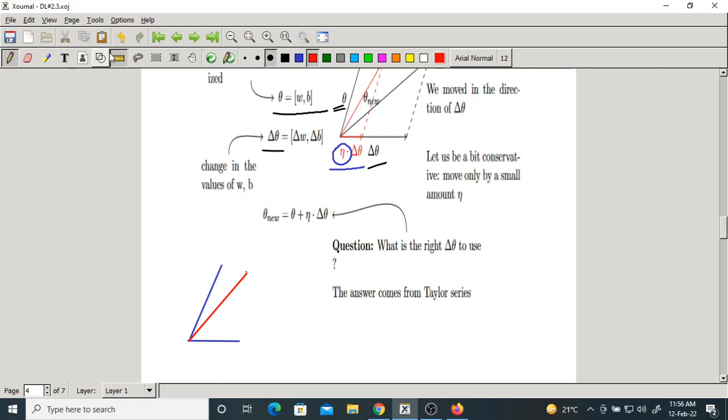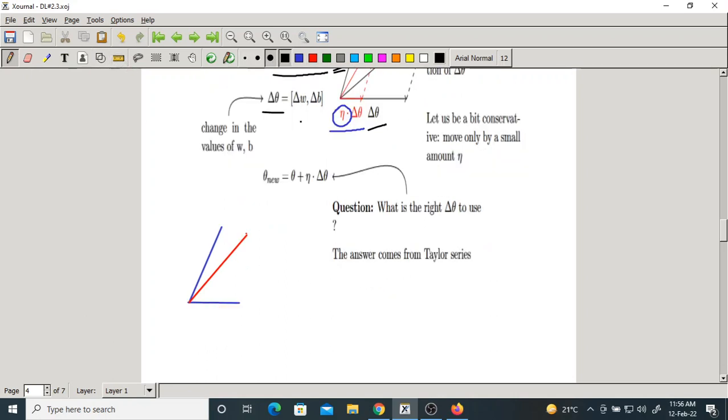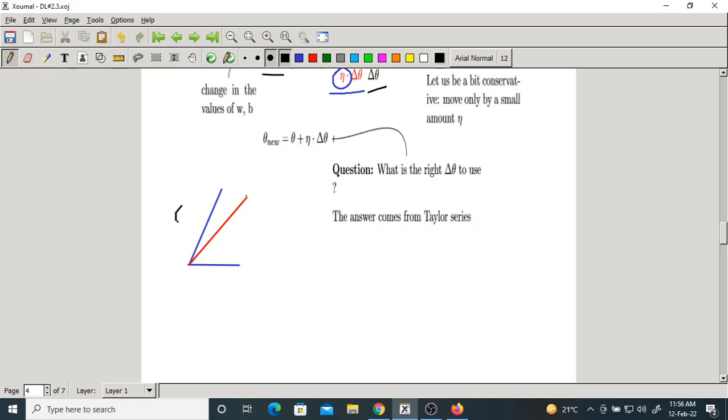So what I have done here is, I did not take the entire delta theta, but a small step in the direction of delta theta. Now this is theta new. So this is the movement.